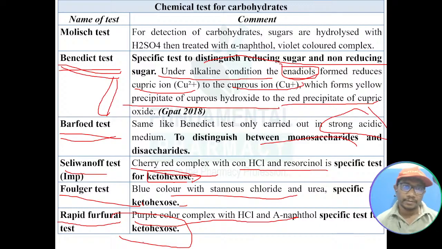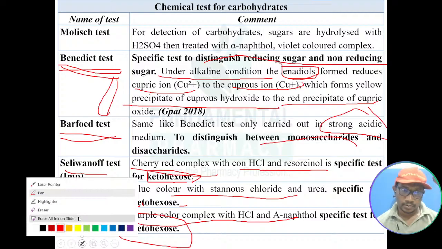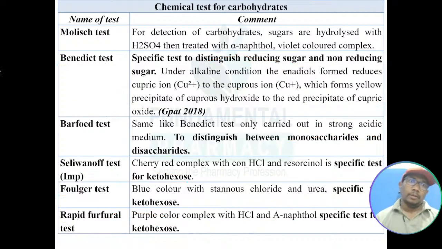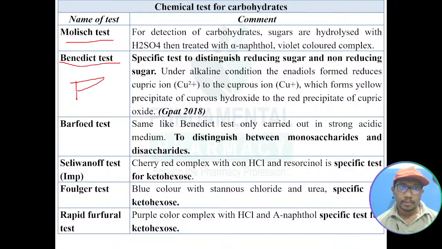Look here. Molisch test is given positive by all sugars. Benedict test is given positive by only reducing sugars. Barfoed test is given positive by monosaccharides.